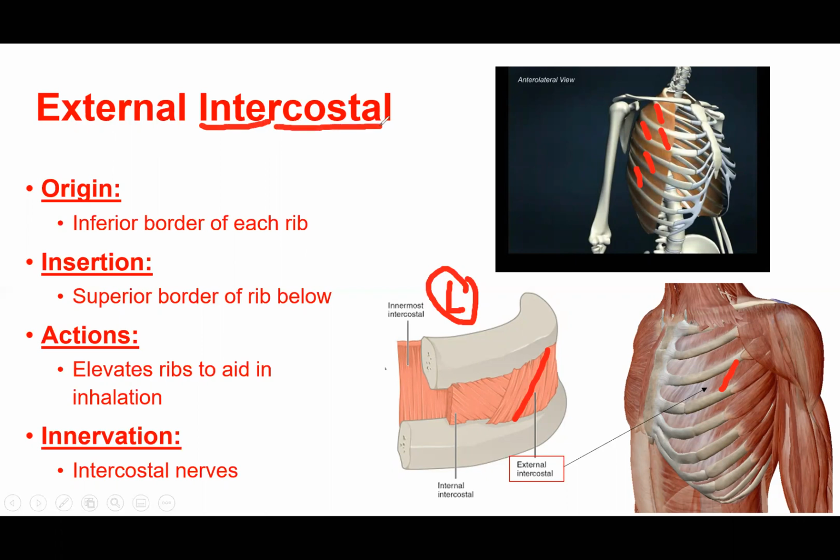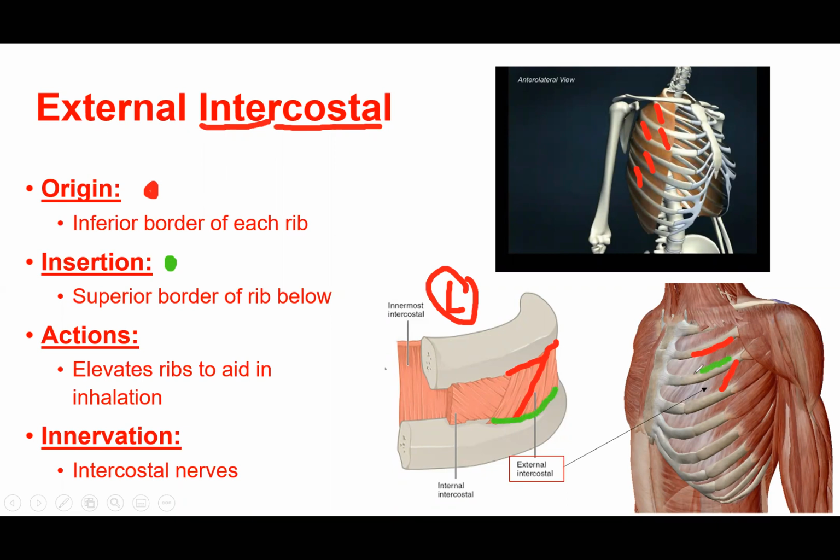So the external intercostals originate on the inferior border of each rib, and insert onto the superior border of the rib below, the top border of the rib right below it.